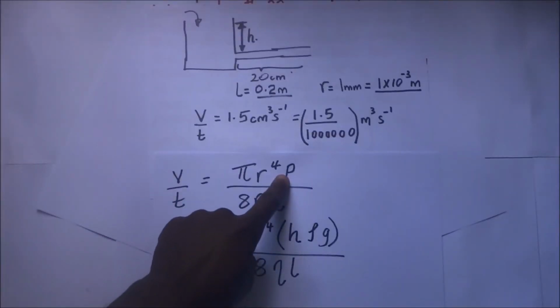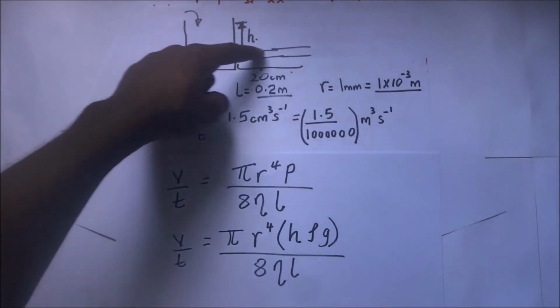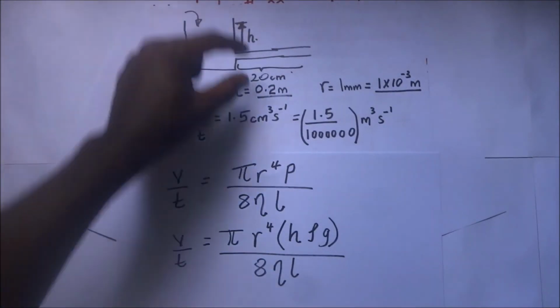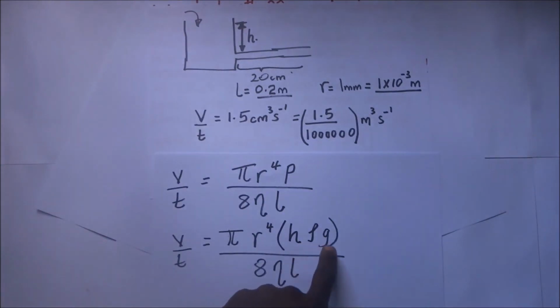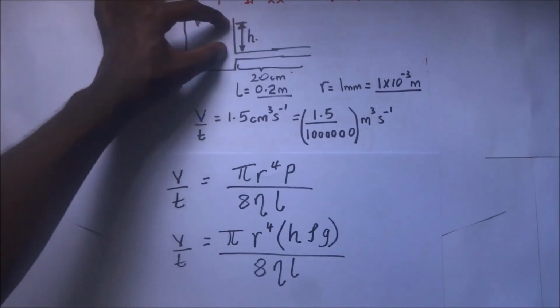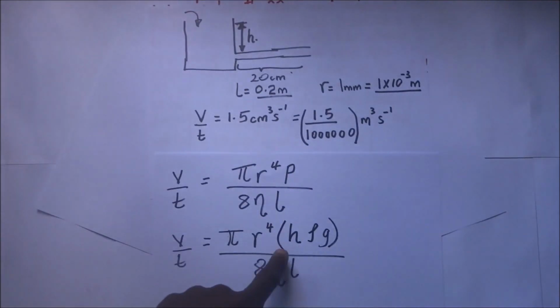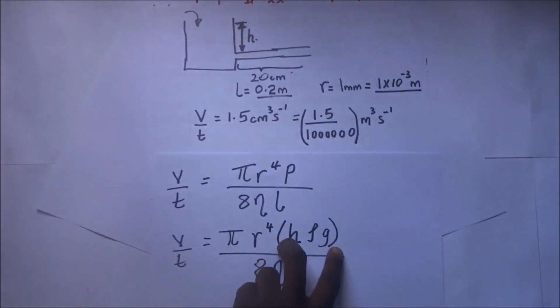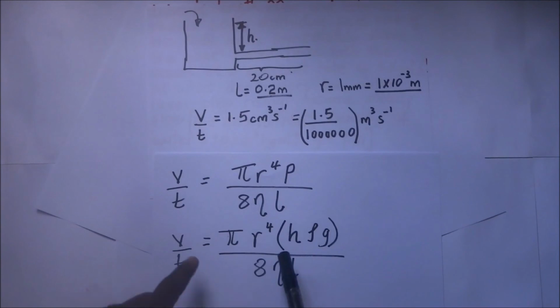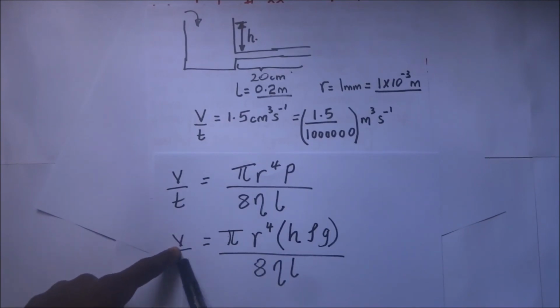So the pressure difference here, which is the pressure at this level minus the pressure at that level, is given by height times density times gravity. So the height of the liquid column that is going to produce that pressure is converted into this. And now we go ahead and find the height. What is that constant height that is going to enable this volume flow rate to be constant all through?